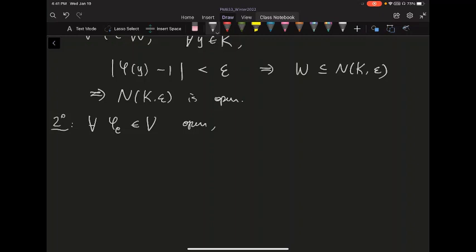Because we have the weak star topology, we have these bases for it.